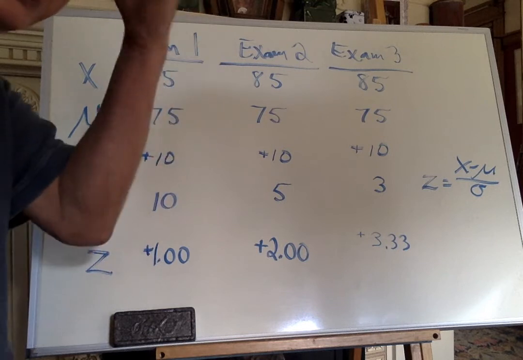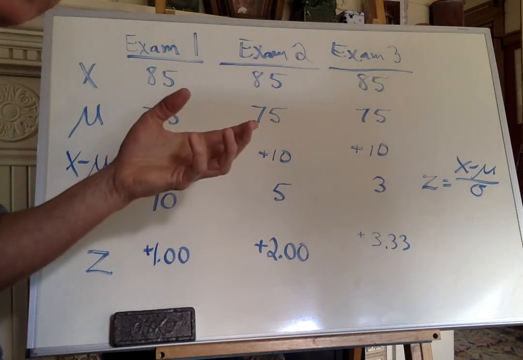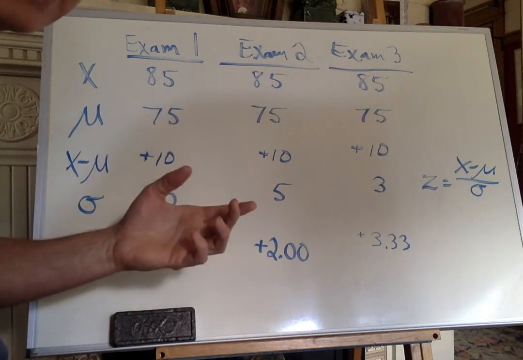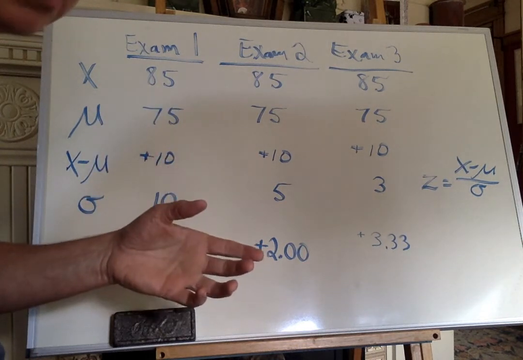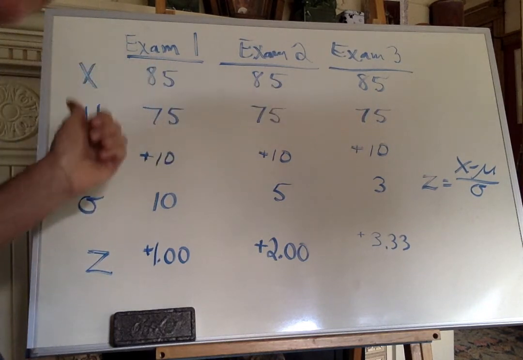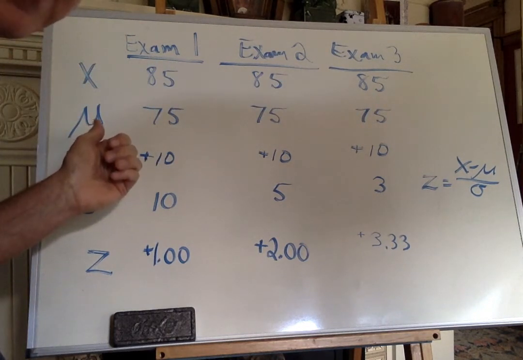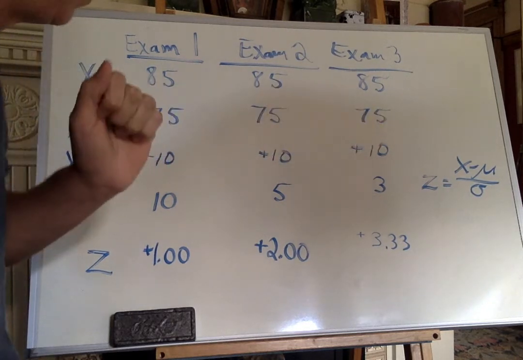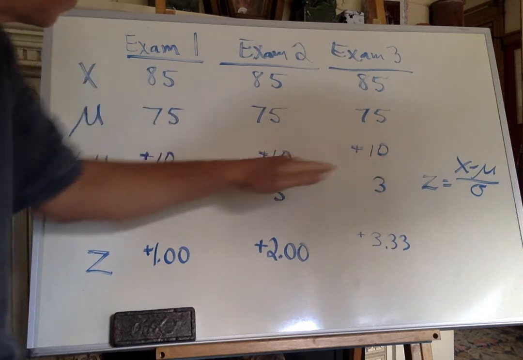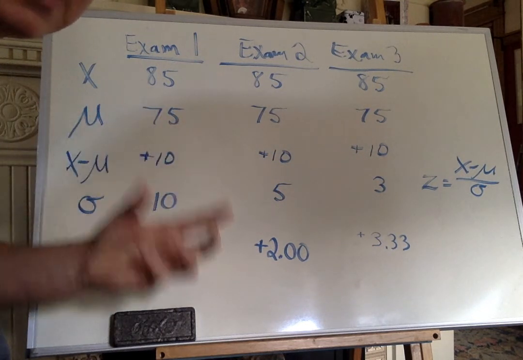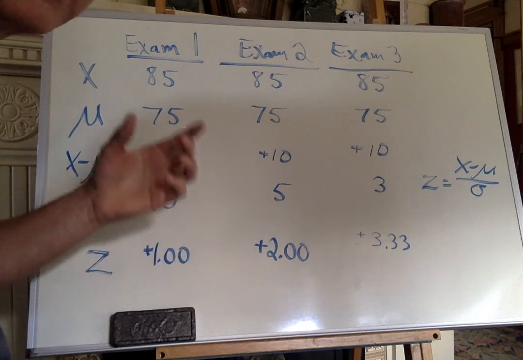So people might think, well, I did equally well on each of the exams. Of course, you know that that may or may not be true. What we have to do is compare the person's score to the mean for each exam. Well, in this case, the mean was 75, 75, 75. So the comparison made it look like the person did equally well across each of the exams.